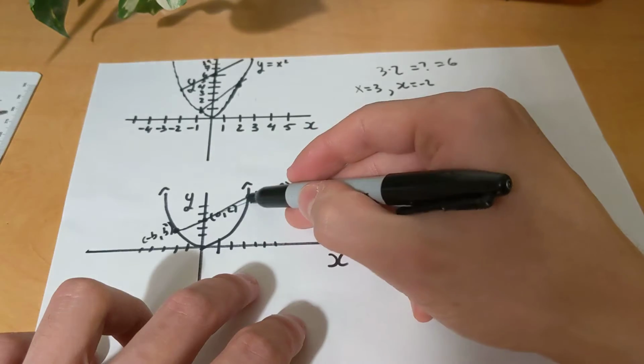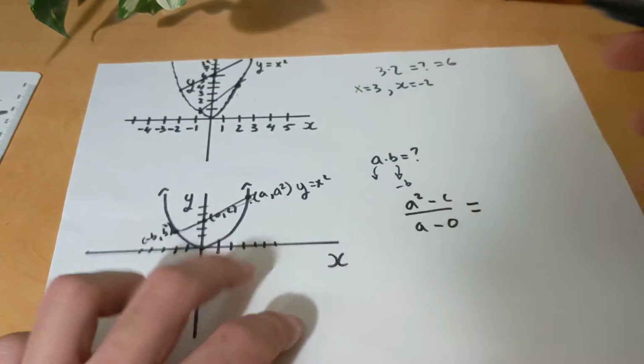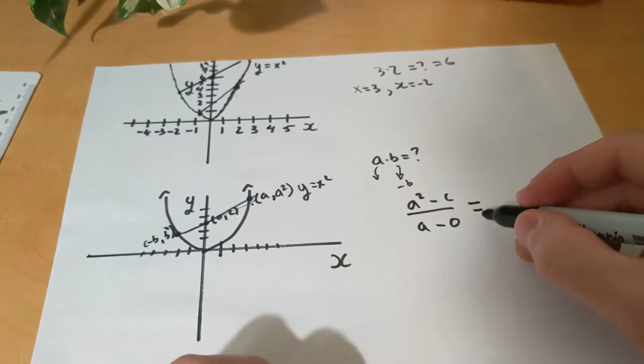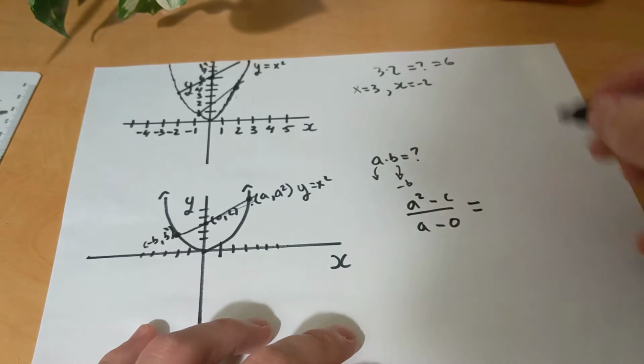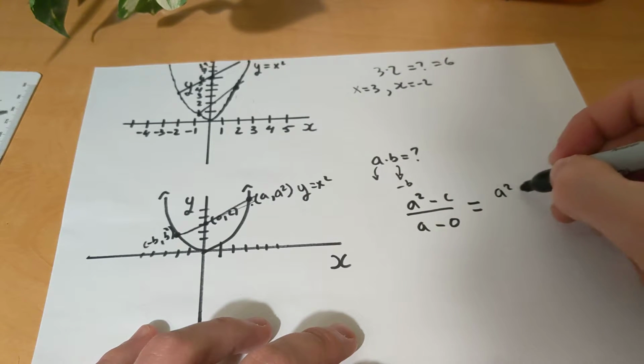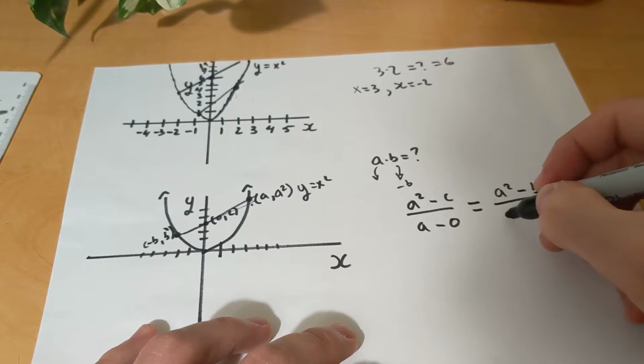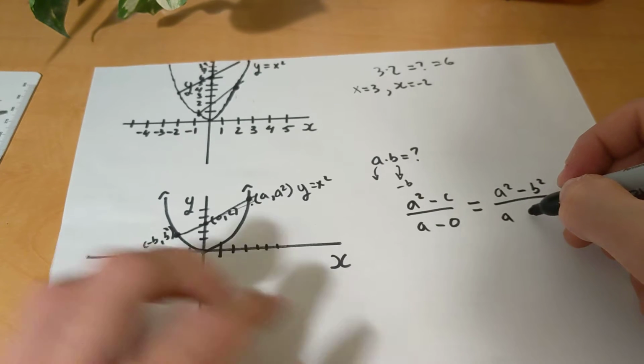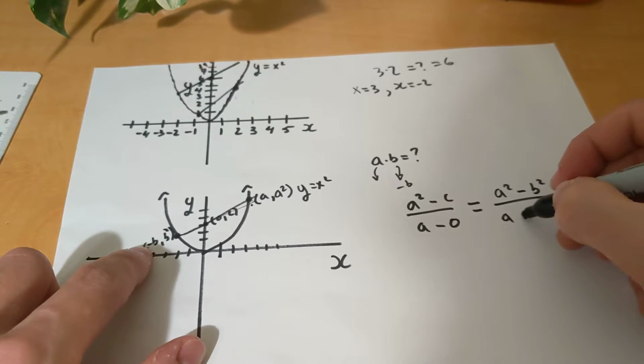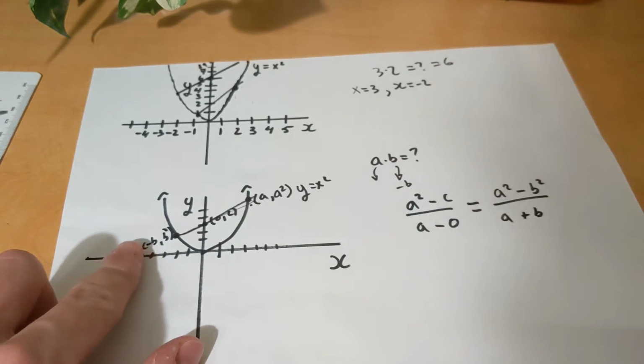And this slope right here is actually equal to this entire slope. They're equivalent to each other. So we can just say it equals this big slope, which is a squared minus b squared, all divided by a minus b. So then it's plus b, right?